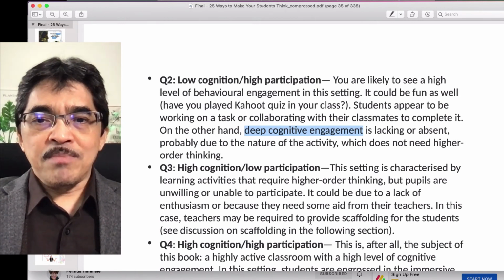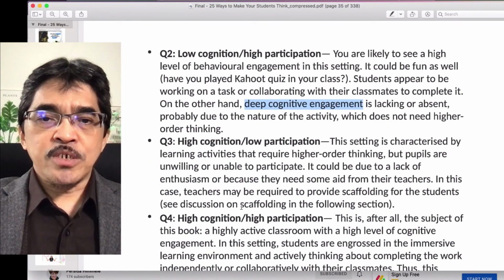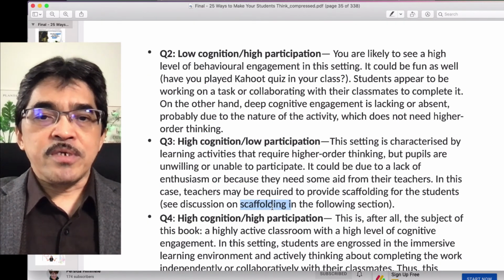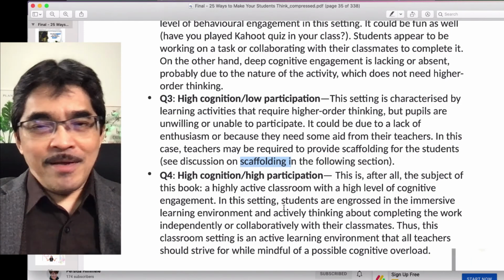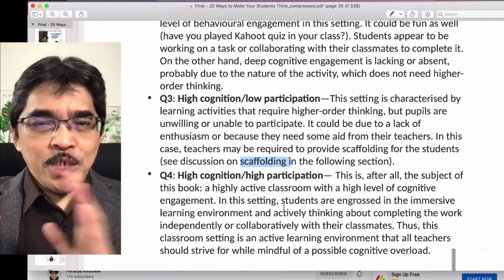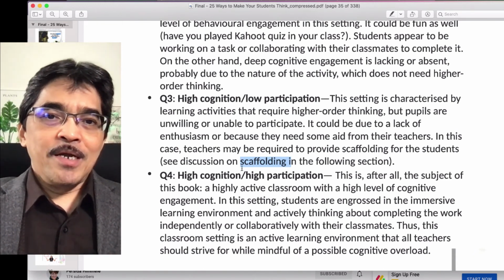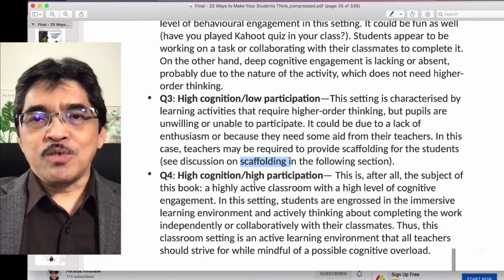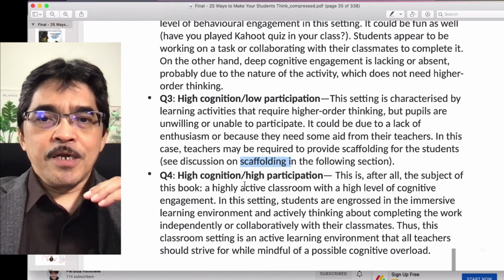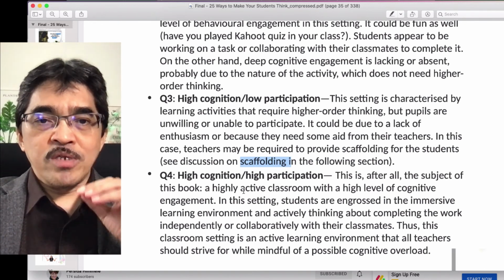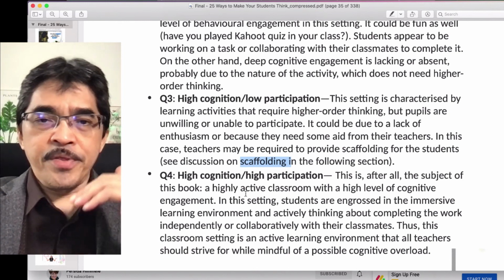In this case, teachers may be required to provide scaffolding for students, and I have one section in the book discussing scaffolding. Right, in Q4, this is where we want to have at least 60% or 70% of the time in the classroom session. Q4 is high cognition, so this is where we can design our learning activities to engage students cognitively in higher order thinking.